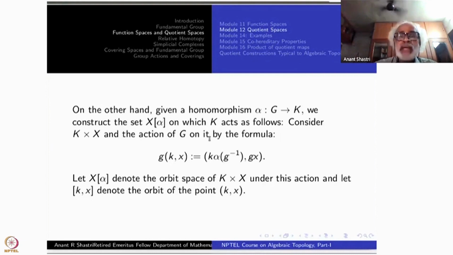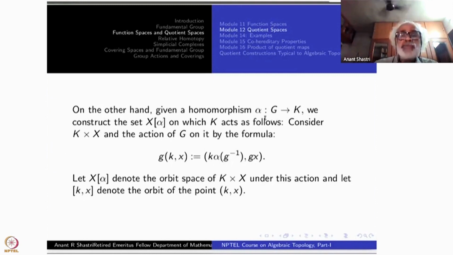But how is X alpha defined? Let us look at how it is done. Look at K cross X as a set. On this set, you take the action of G via the first slot K. There is a homomorphism from G to K, so these are group homomorphisms.